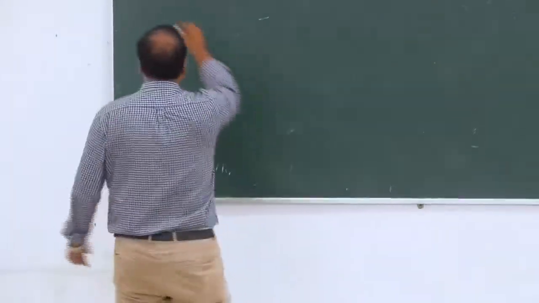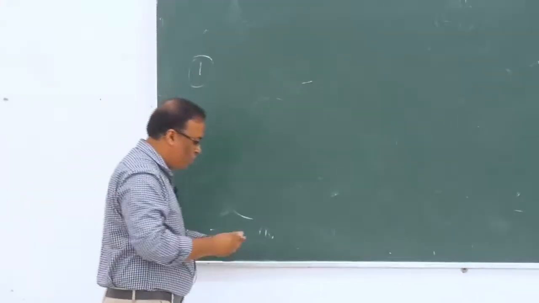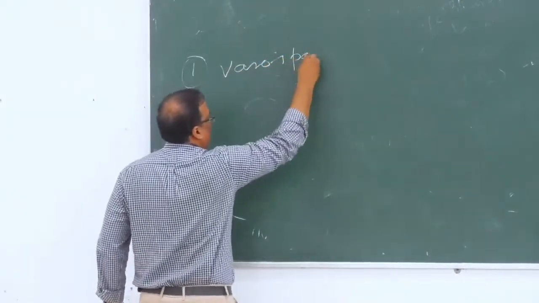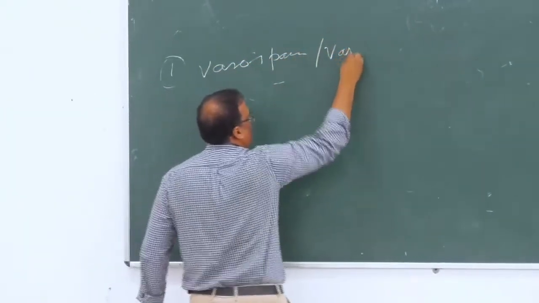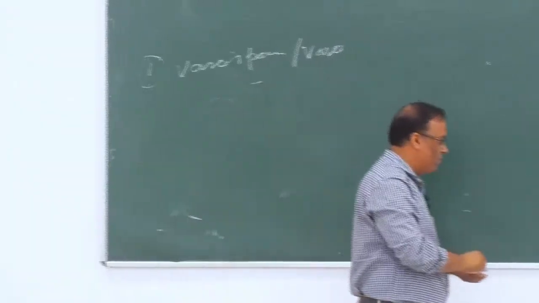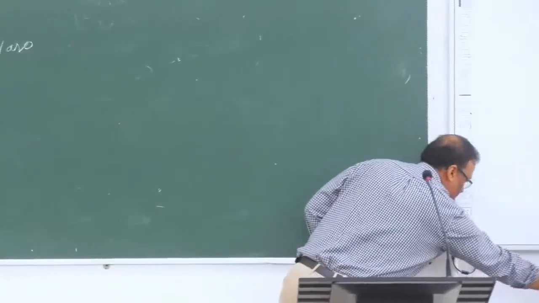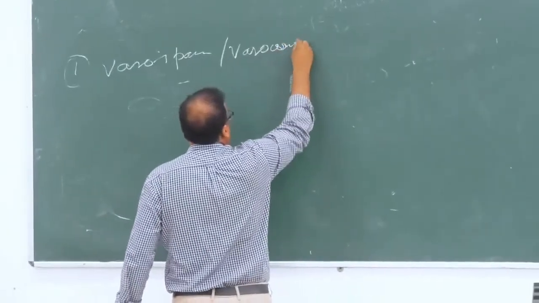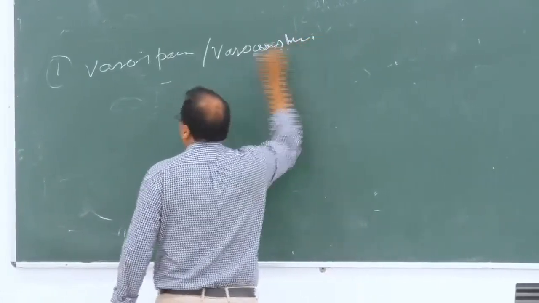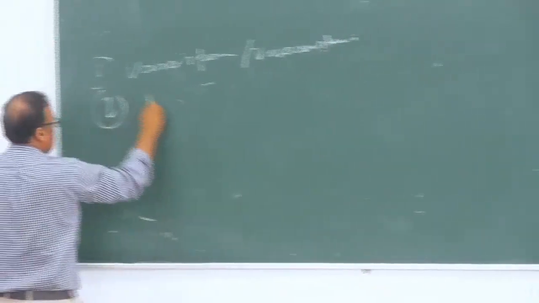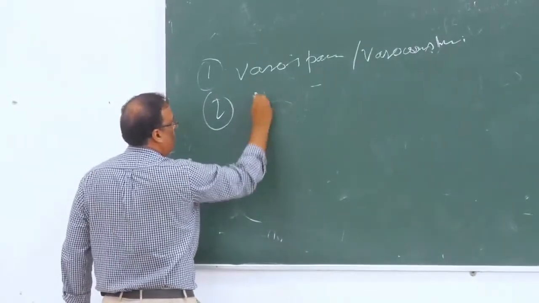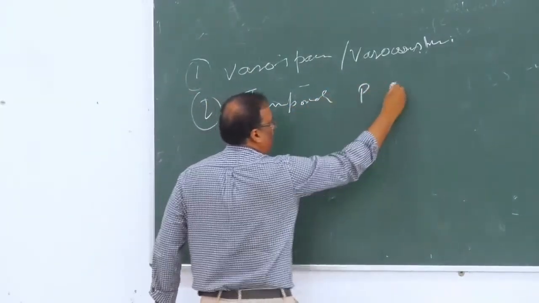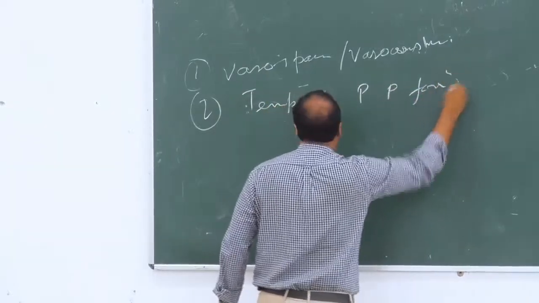Now what are the steps for the hemostasis? Remember for all throughout your life. Vasospasm, then temporary platelet formations.